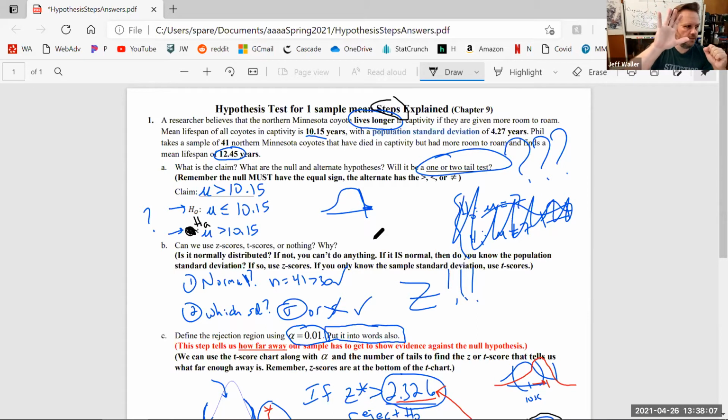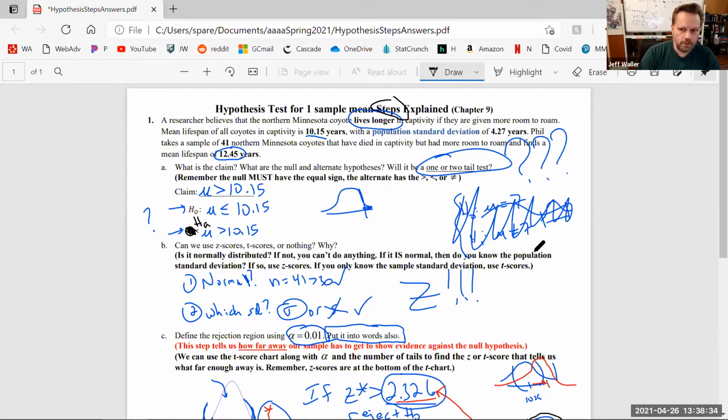Section 9.5 is the first place you will see a complete hypothesis test using all the steps on this sheet. They're not full tests. So you could jump into 9.5 and try a complete test, or you can build up. It's up to you.